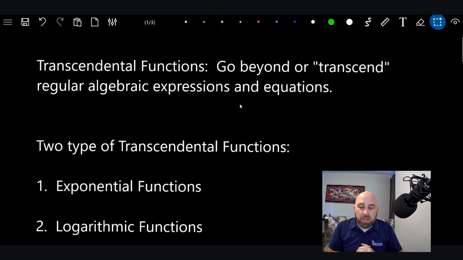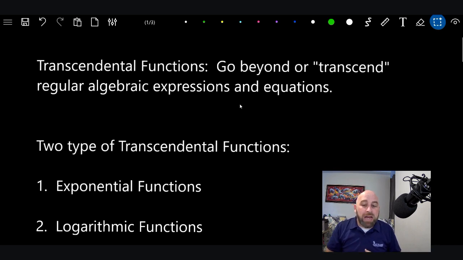As you're looking there, you can look down at the screen, and I have something written down, and it's also in your book. There's really two types of functions, if you will. There's more than two, but at this point we've covered algebraic functions. Now we're going to get into what's called transcendental functions.